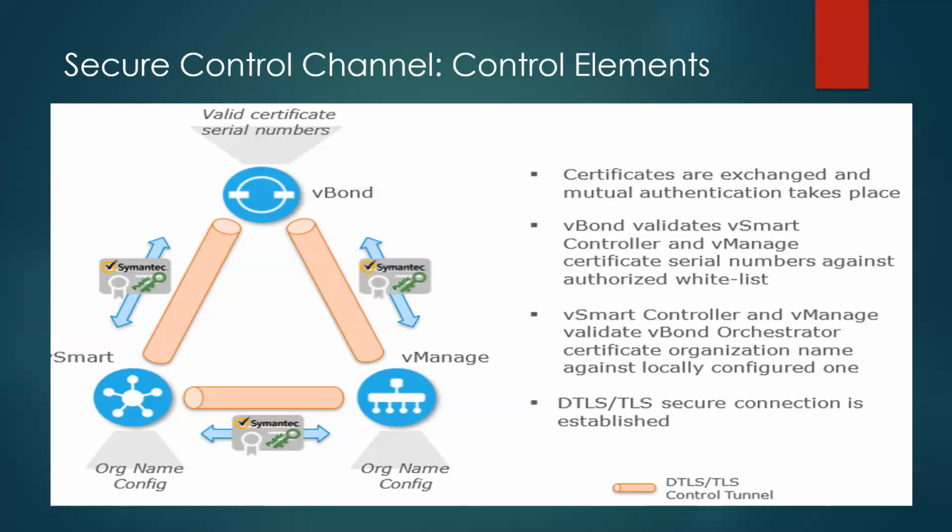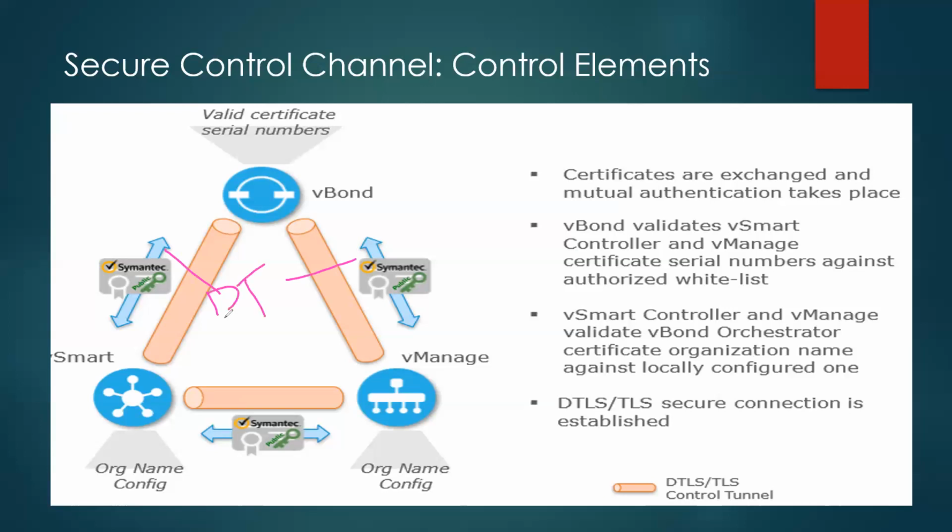Okay, so between vBond and vManage, we are forming a DTLS connection or TLS connection. But between vSmart and vManage, should it always be TLS? Am I right? We have the option to choose either TLS or DTLS. Okay, here you don't have an option. Here it's always DTLS.